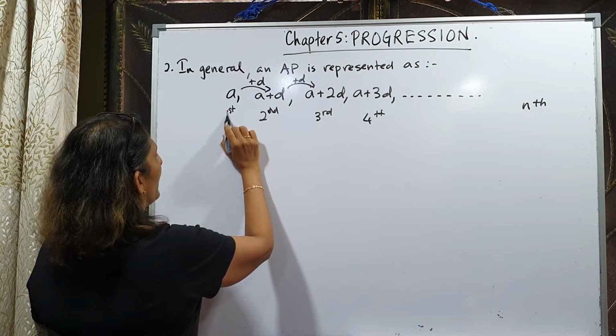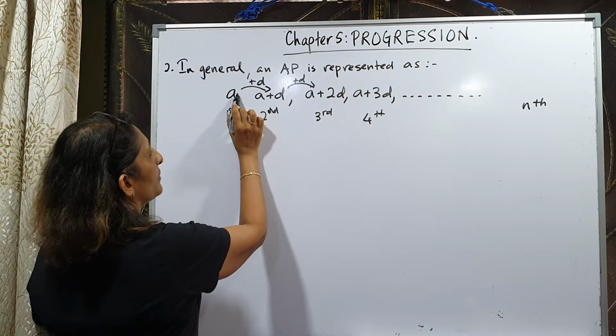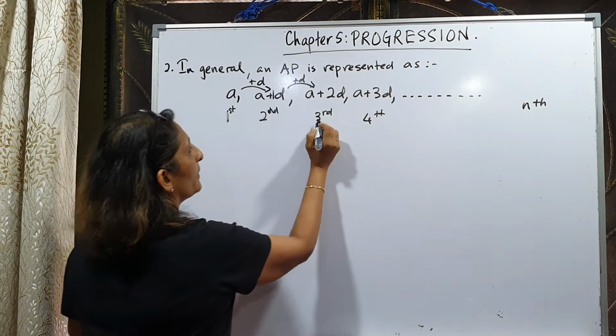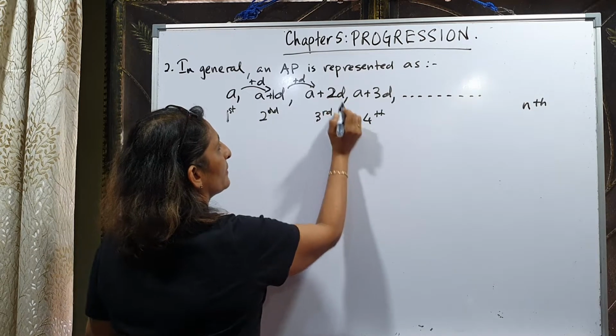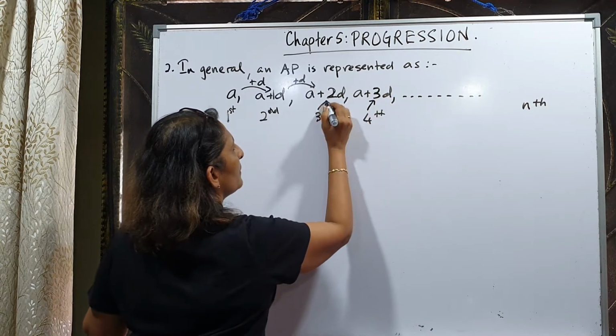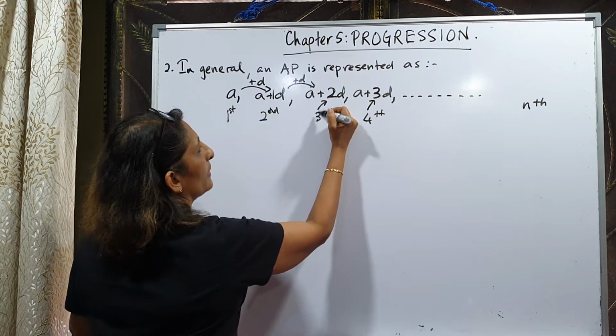Now let's look. When it's the first term, there's no D because it's 0D. When it's the second term, there's 1D. When it's the third term, it's 2D's. When it's the fourth term, it's 3D's. So what do you see? You see a pattern here. It is one number before.